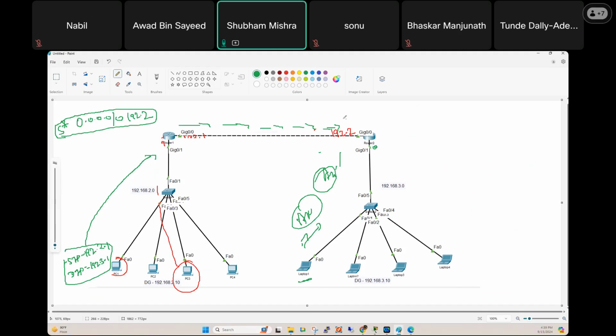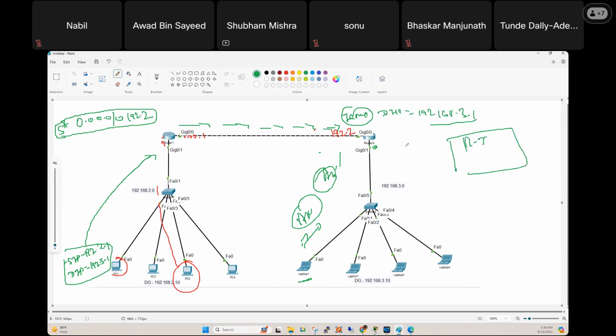When this ICMP packet reaches here, the router checks the destination IP address, which is 192.168.3.1. Which table does this router check? The routing table. In the routing table on this router, how many networks are directly connected?